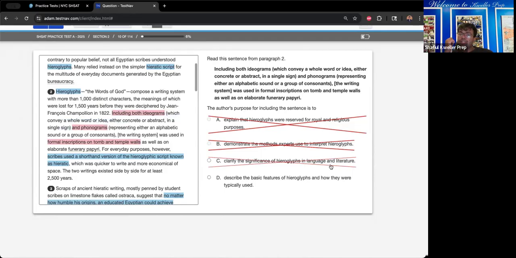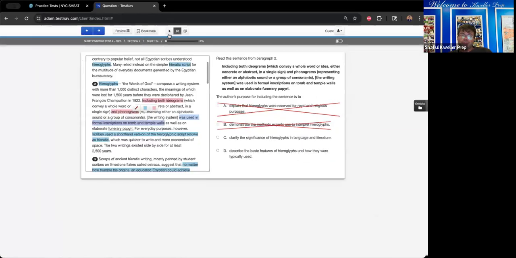Although this is good, this is not specific enough. D is a more specific answer here. It describes the basic features of hieroglyphs. Basic features are these two things I highlighted, and then how they were typically used. It says right here, this writing system was used in formal inscriptions on tomb and temple walls. So the answer should just be D.